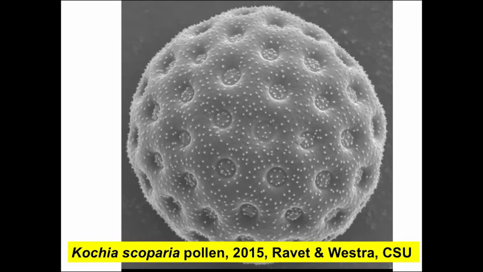Part of the explanation may be this aerodynamic shape. But also those small circles are where the pollen tubes can emerge from when one of these pollen grains actually germinates on the stigma. So you can understand a lot about the pollination and the reproductive biology of kochia from looking at things in this species.